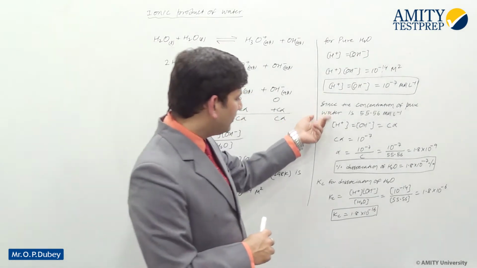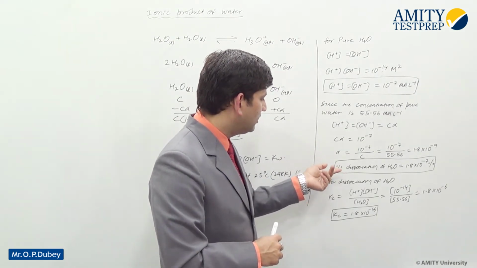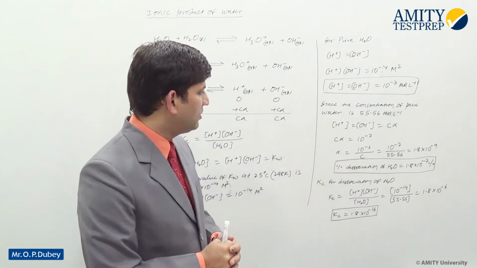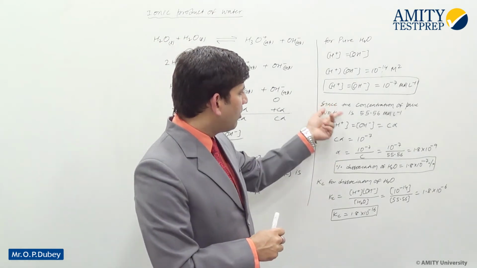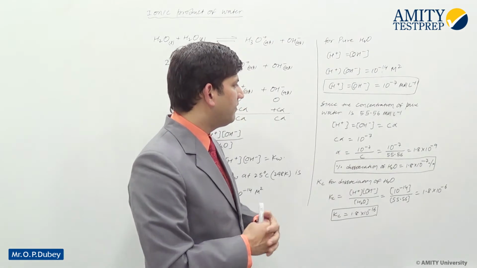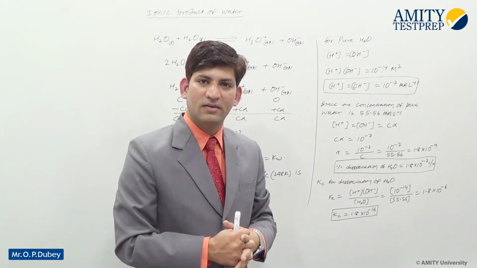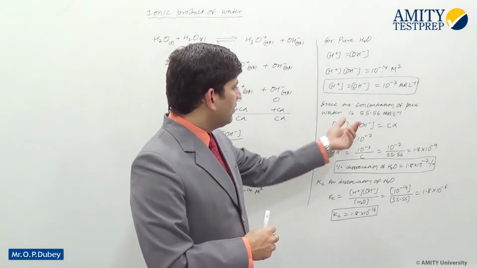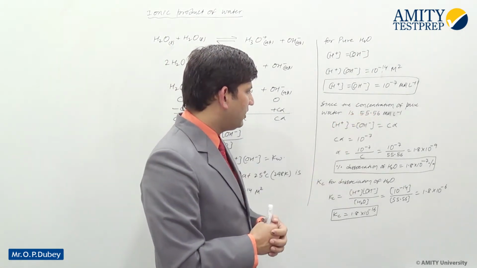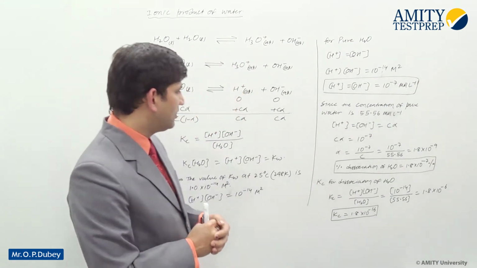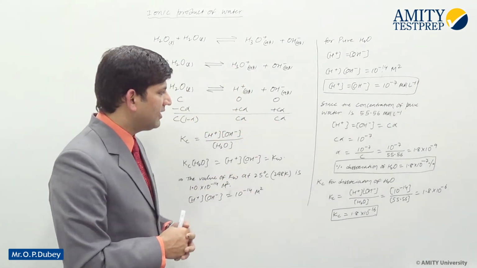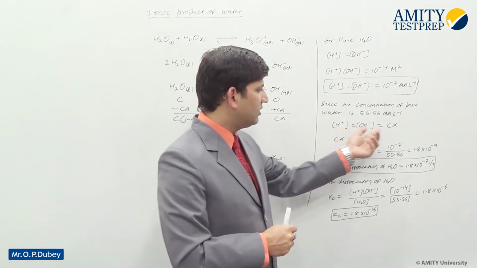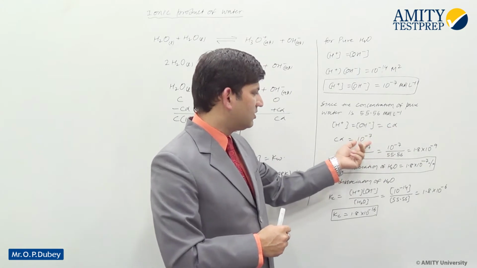Now calculate the degree of dissociation, or the percentage dissociation, of water. Since the concentration of pure water is 55.56 moles per liter, it does not depend on the amount of water present. The H plus ion concentration and OH minus ion concentration are both equal in pure water, equal to C alpha, which is 10 to the power minus 7.